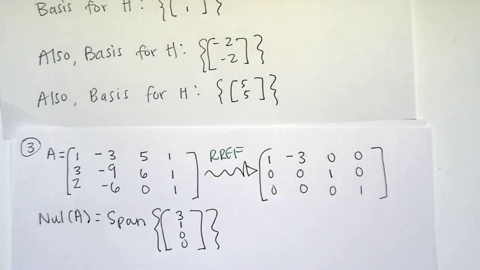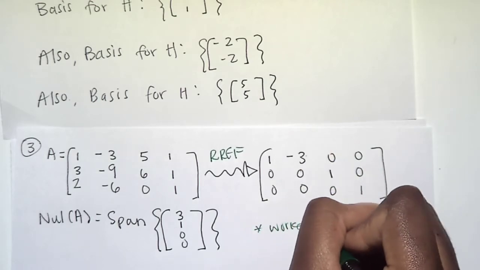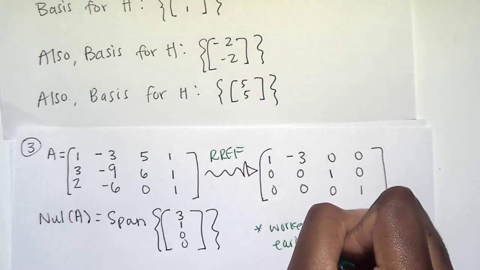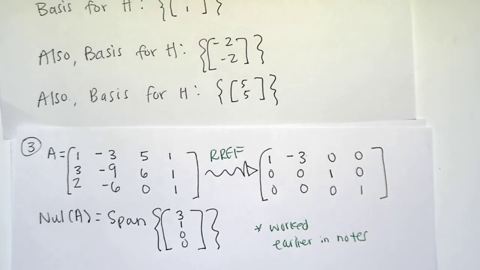If you want to see the work for how we solve this, it should be earlier in your notes somewhere. I think this was in 2.6. Well, if our span only has one vector in it, this is definitely going to be the basis element.